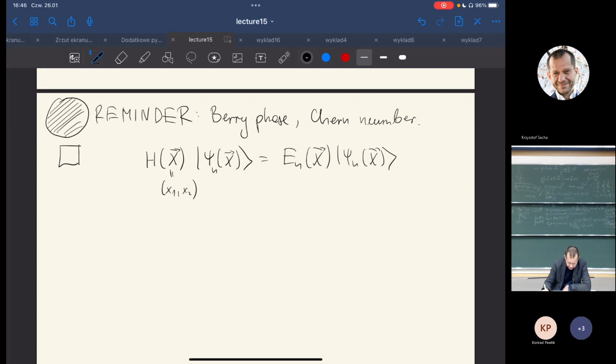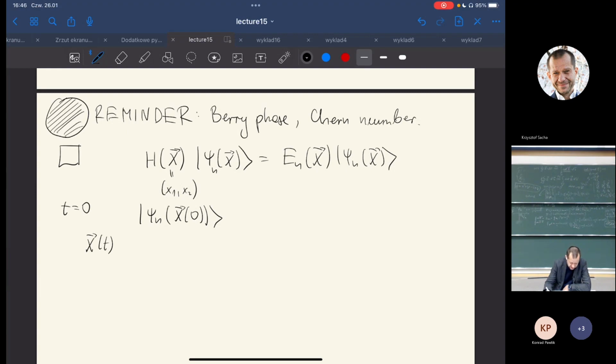Okay. So now assume that at t equals 0, we prepare the system in a certain eigenstate. So this is the state of the system at time equal 0. But now we start changing the parameters of the system, but very slowly, adiabatically, which means that now our parameters start depending on time.